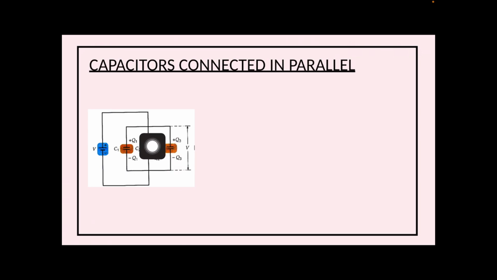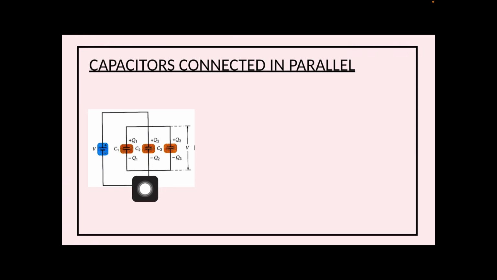The charge will pass through the capacitors and move to the end, where it meets the other junction. At the end of this junction, the total charge will be equal to 50 coulomb.